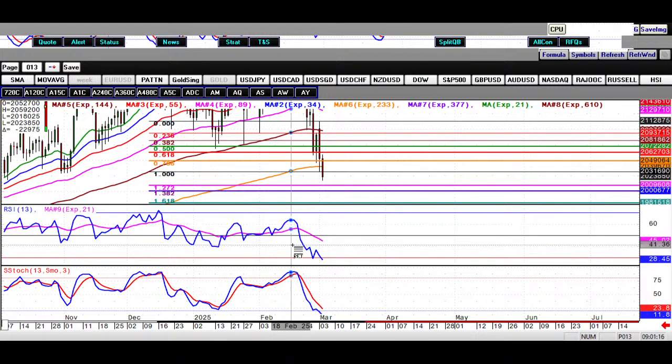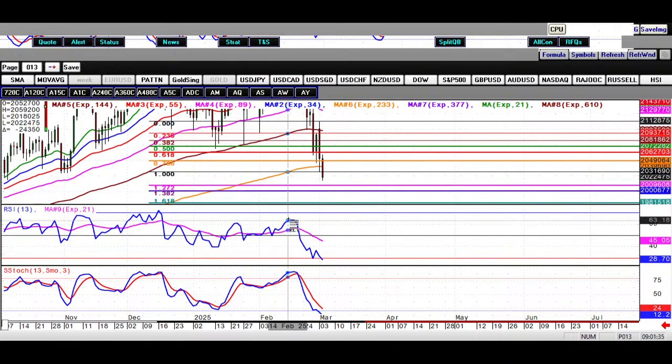Okay, the next support level we are looking for is 2000 or 2100. That means another 100, and another 100, minimum 100 to 200 points down.